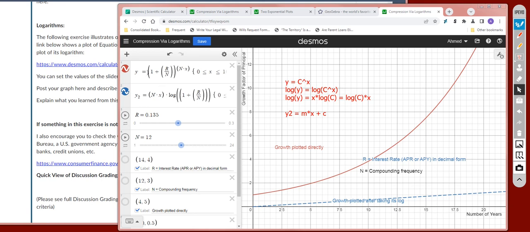I mean, you had that function y over here, which was written out in its exponential form, and we plotted out its values. And then we just took the log of that function, right? So y2, as I mentioned over here somewhere, is equal to the logarithm of y, right? So when we plot that out, we can see that the y values, which represent the log of the function, don't go as high.